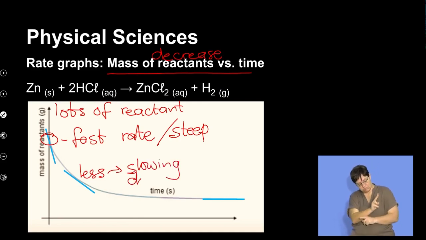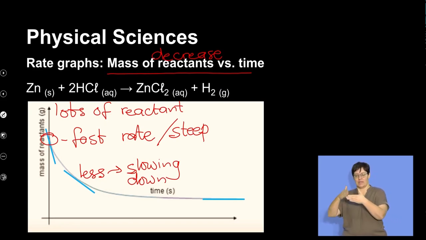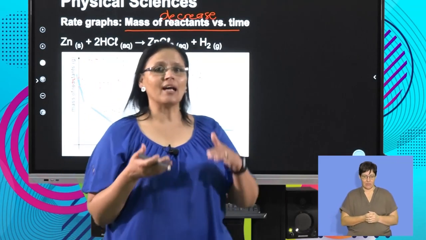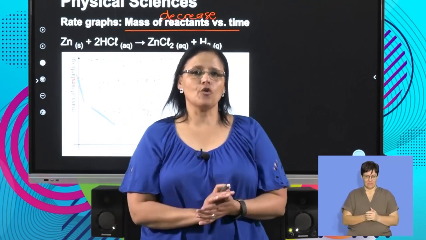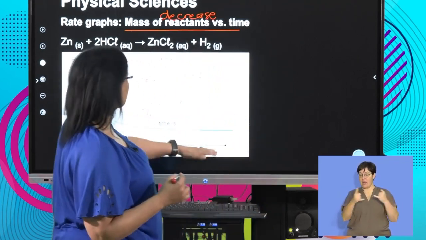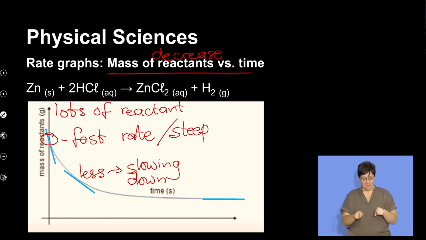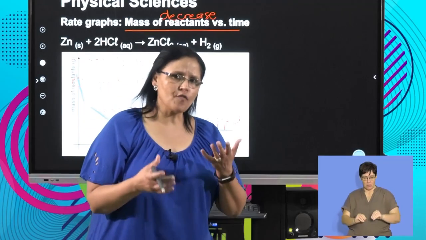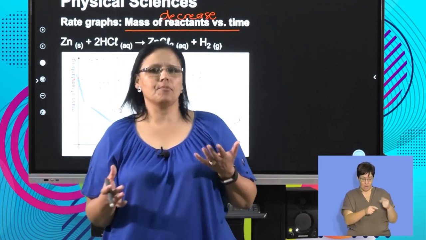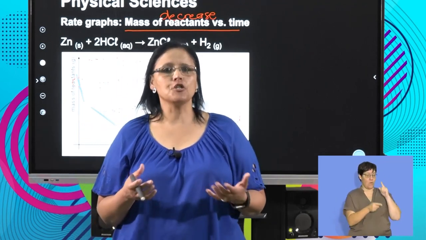The reaction is still happening, but it is slowing down, and it will go on until we get the parallel line. I said to you, if you have a line parallel to the time axis, that basically means that the reaction has stopped at that point. Now, when a reaction stops, one of our reactants, or it can be both, is used up.